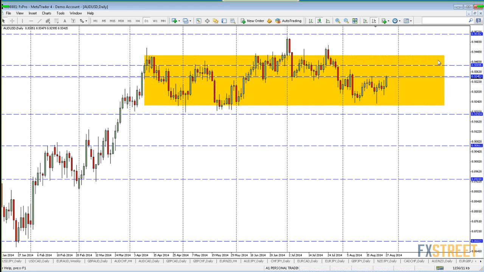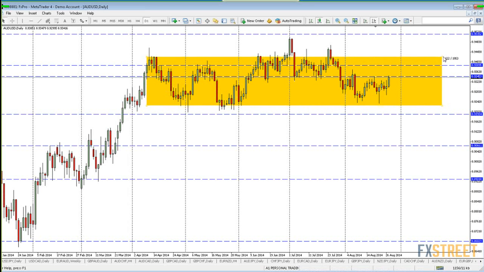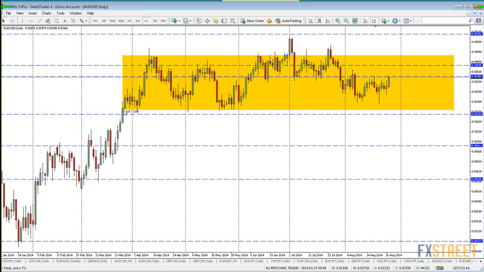I mean, the RBA, the Reserve Bank, keeps talking it down like they want it to, that it's going to fall and this and that, but they also know that they're going to have to raise interest rates. So yeah, it's in this box.